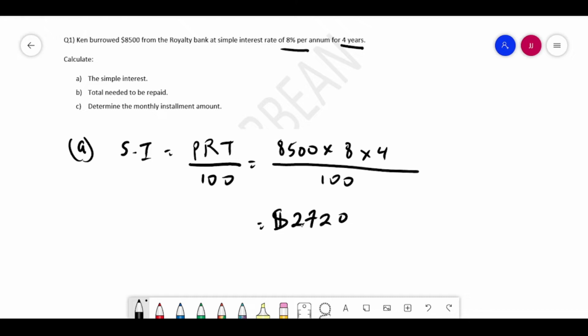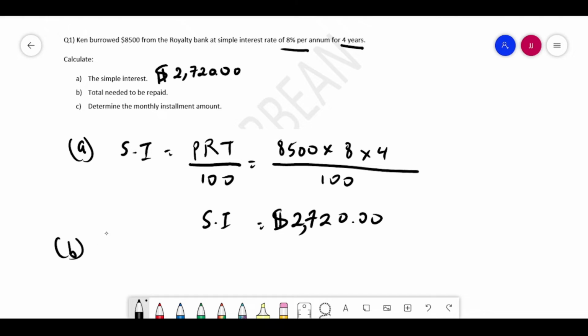So now we know the simple interest is equal to $2,720.